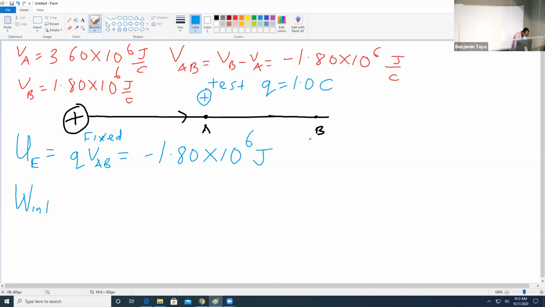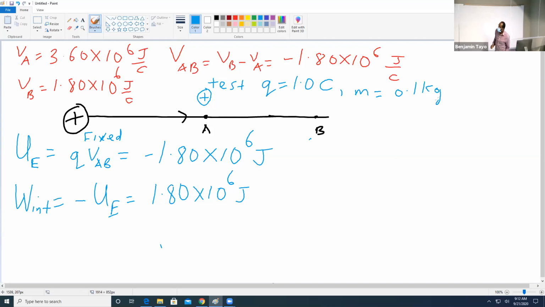So this is just called internal energy. Then the work is negative UE, which is 1.80 times 10 to the power 6 joules. Now suppose that this test charge has a mass of, let's just say, 0.1 kilograms. Yeah, go ahead.